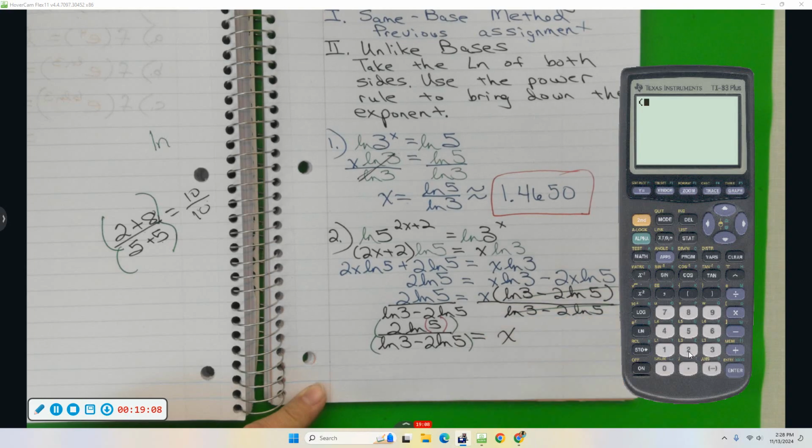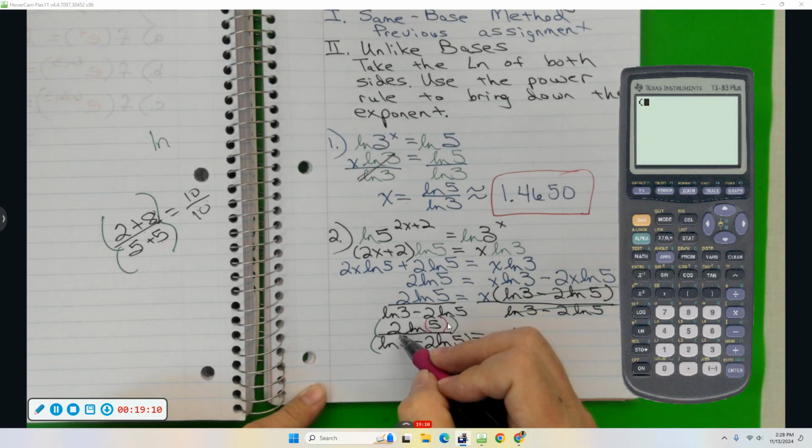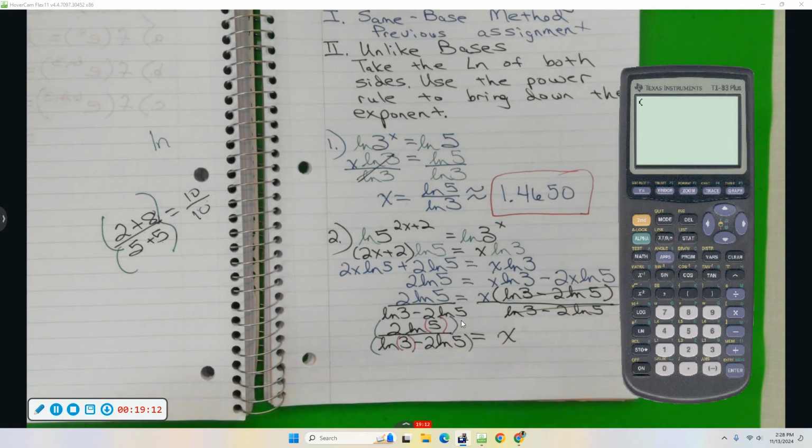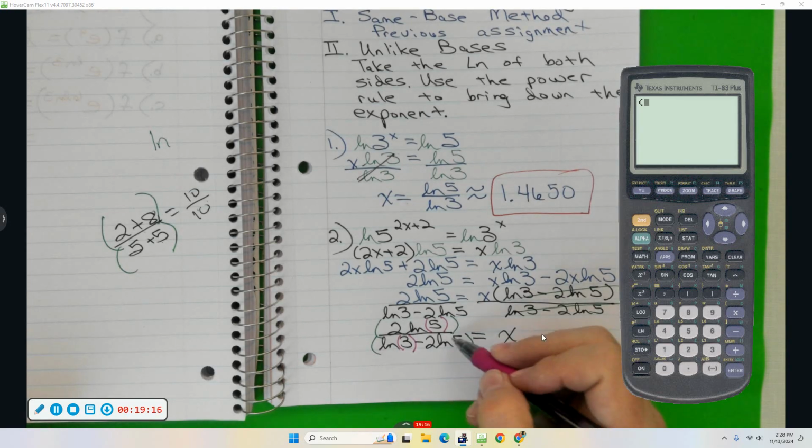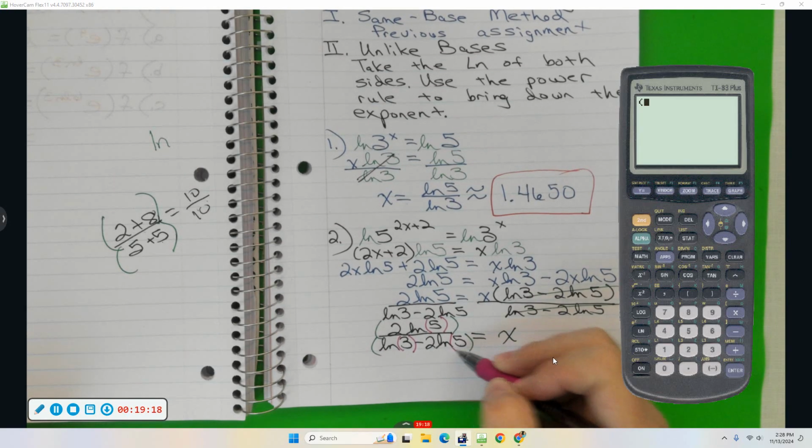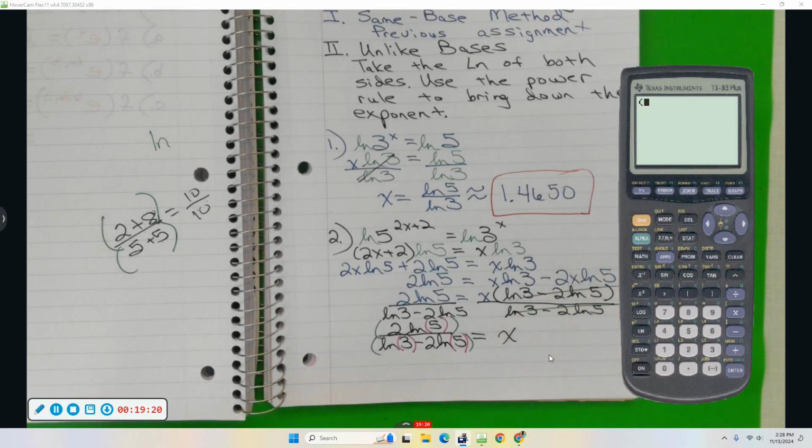We're going to have to close a parenthesis. If you don't punch in 2 parentheses right here, your answer is going to be wrong. That 5 there, when I punch an LN in, it's going to open a parenthesis. I need to close it. So we're going to have nested parentheses here. Close, that's the red parenthesis. Close, that's the green one.